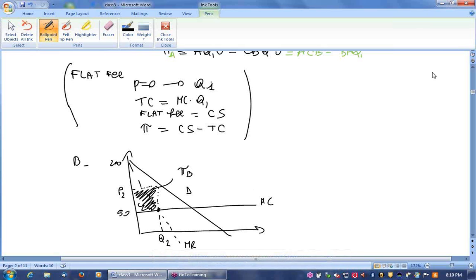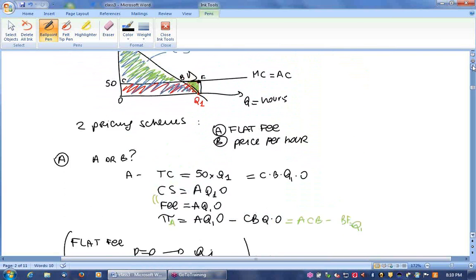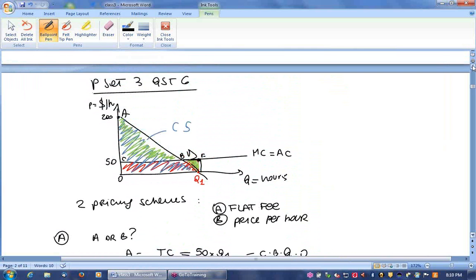So how to compare the two? Let's go back to the original graph, to the first graph. Basically, I overdraw on this graph the profits in the other situation so that we can compare them. So we had our marginal revenue curve.